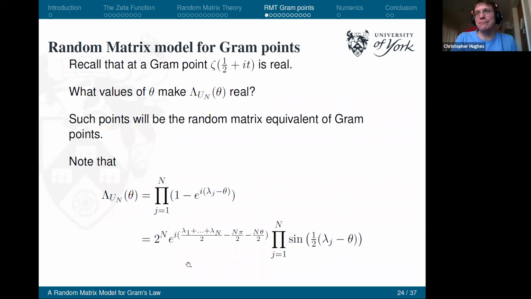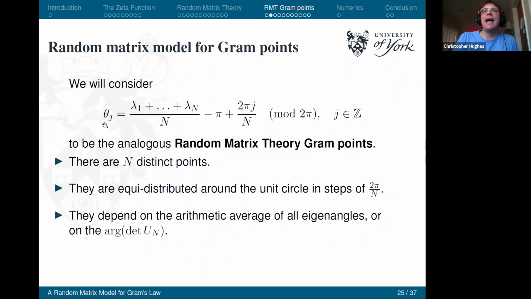You can easily see, you multiply through by 2, divide by n, and there's going to be n equidistributed points around the unit circle. These are the random matrix Gram points, where we've defined them to be where the characteristic polynomial is real. And so I've written them up here.